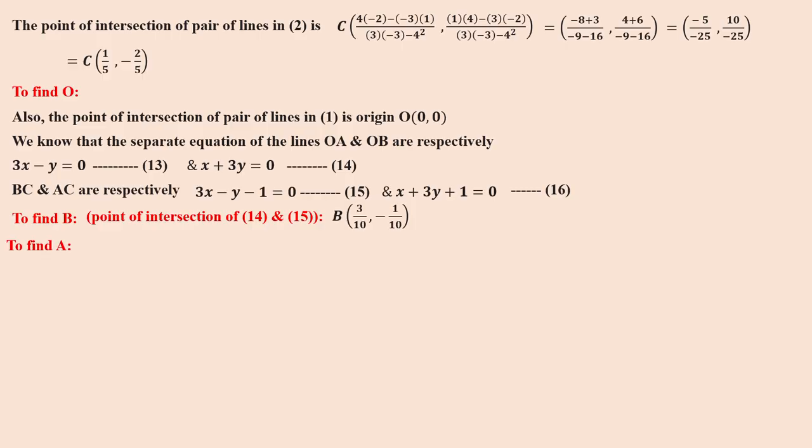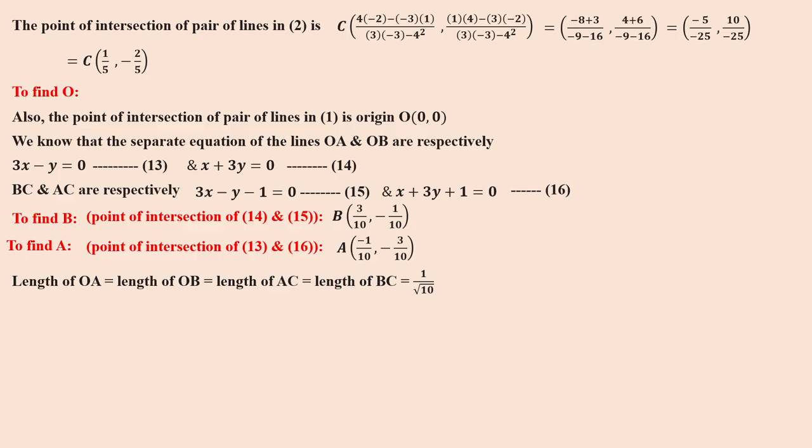We are just solving these two. Next, to find A, the point of intersection of 13 and 16, we are solving 13 and 16. Put 3x minus y equal to 0 in x plus 3y plus 1 equal to 0. Solving these two equations, you will get the point of intersection.